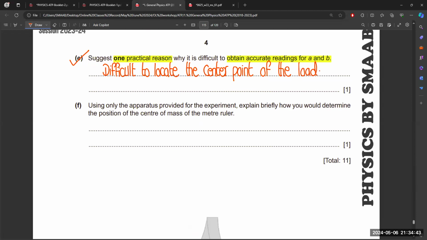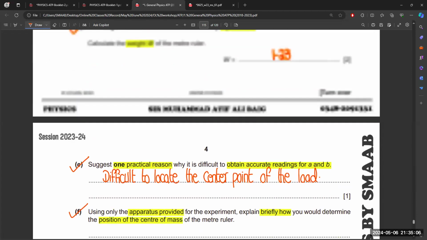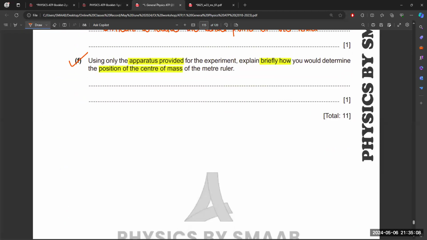Okay. And the next one is: using only the apparatus provided, explain briefly how you would determine the position of the center of mass of the meter ruler. So how to find the center of mass of the meter ruler? It is very simple. Basically, we have a pivot point and a meter ruler.